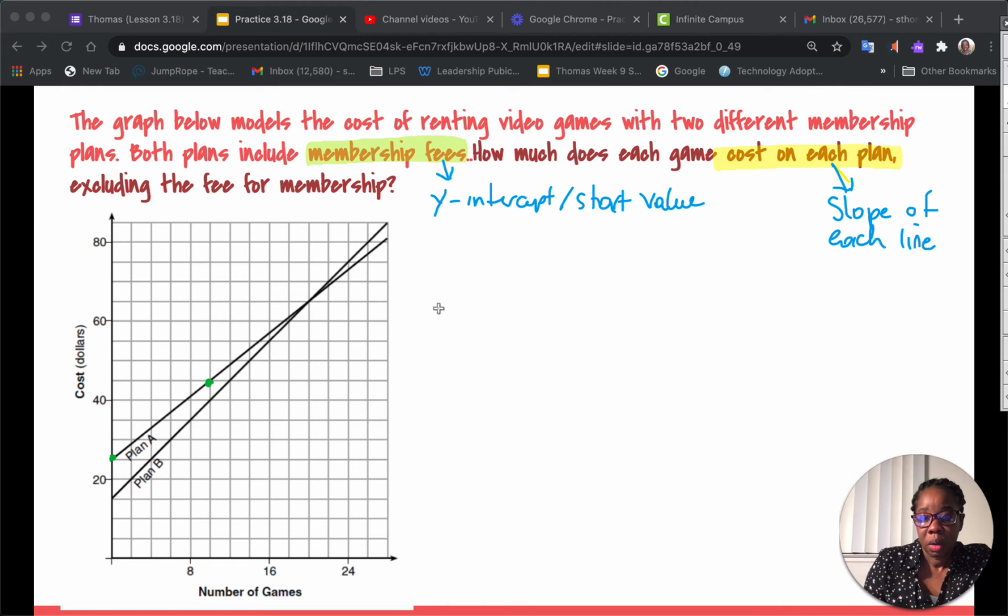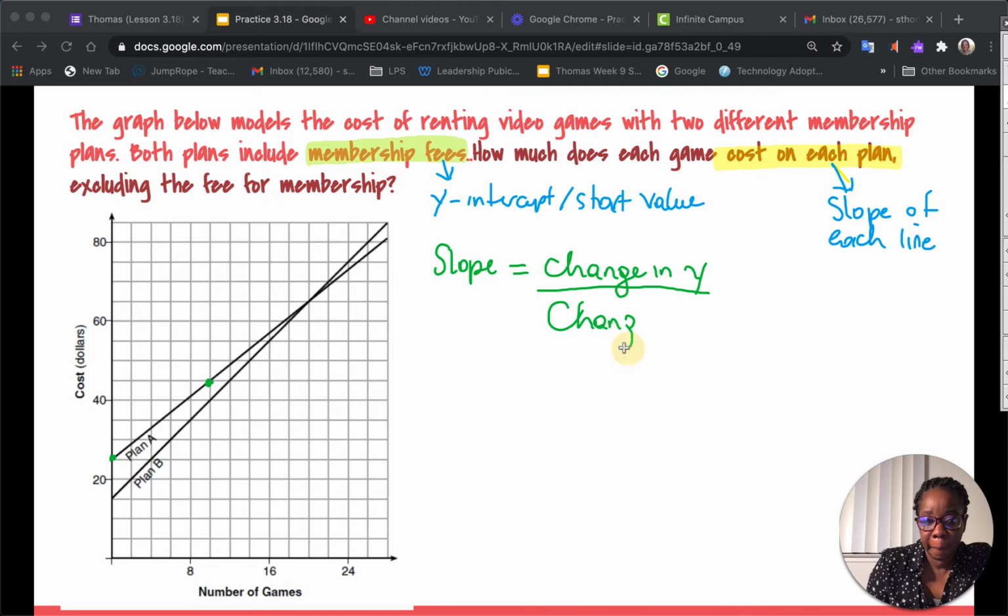Now, remember, slope is represented as change in y over change in x, or we can consider it as rise over run. And I'm going to construct my slope triangle.